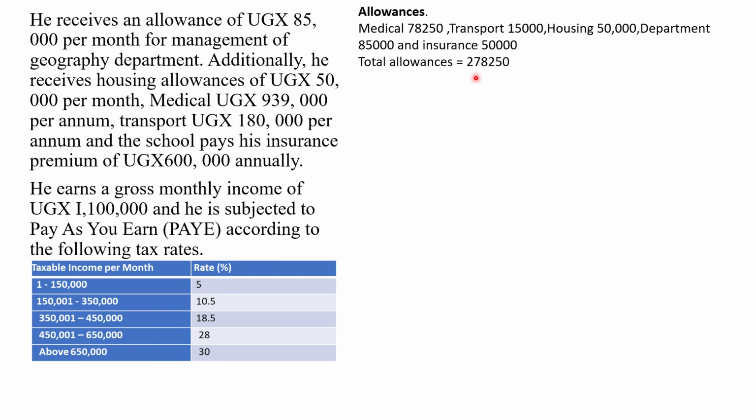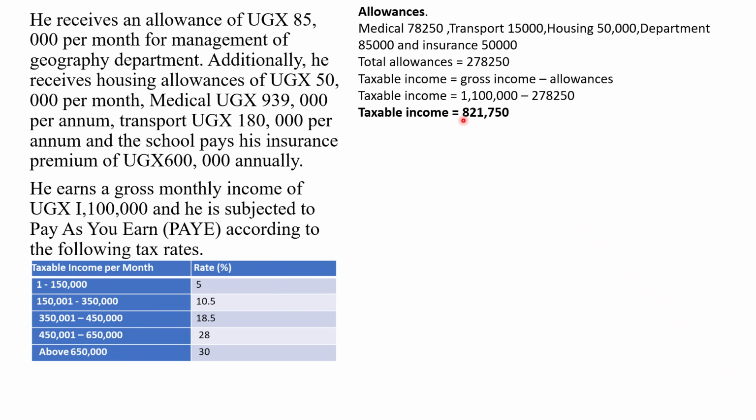Taxable income is equal to gross income minus total allowances, and my gross income is 1.1 million minus that allowance 278,250, and then I get a difference of 821,750 as our taxable income.